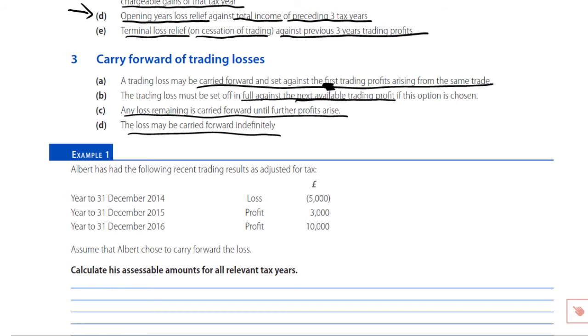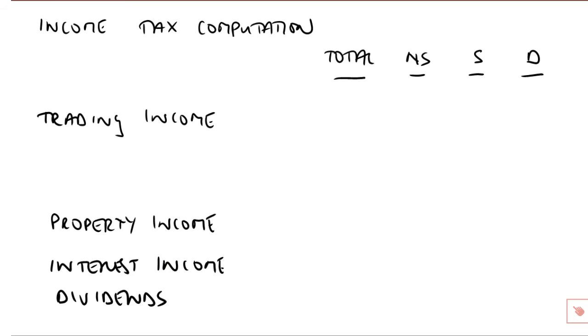Now, in terms of how we show our losses, what we've already said is if you were producing the income tax computation for a tax year and you made a trading loss, so let's just remind ourselves of our basic income tax computation.